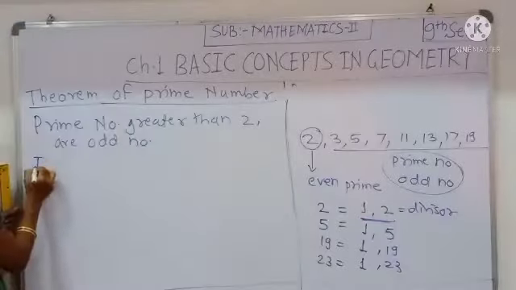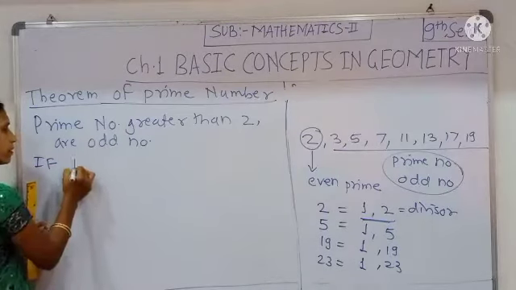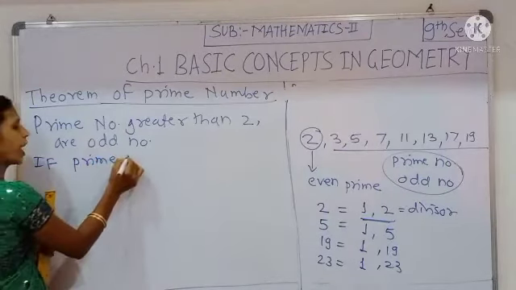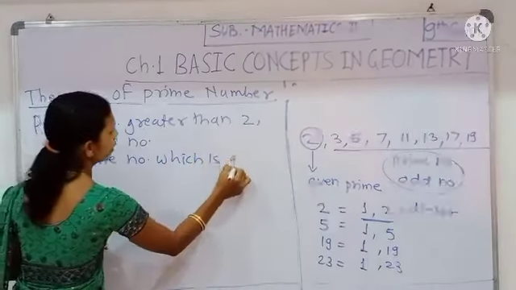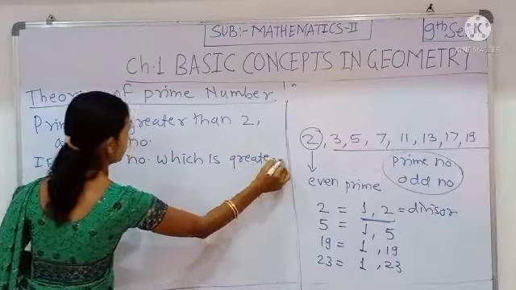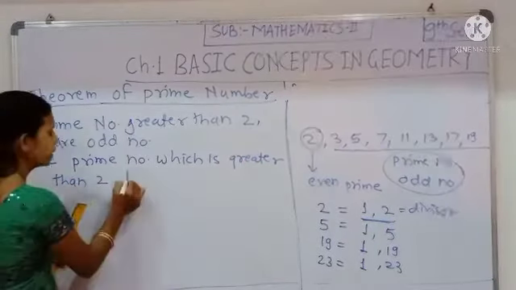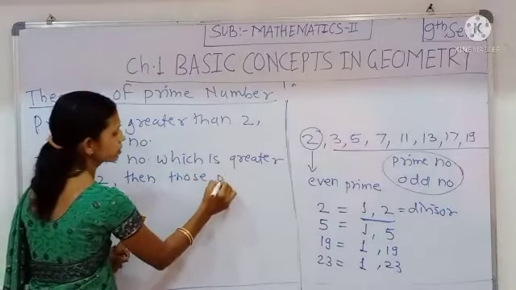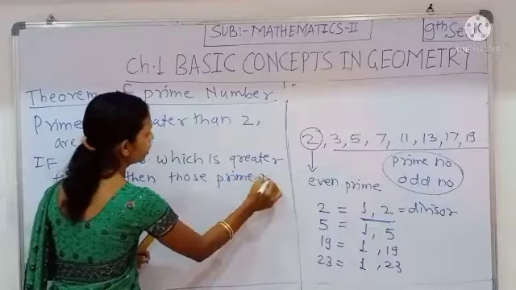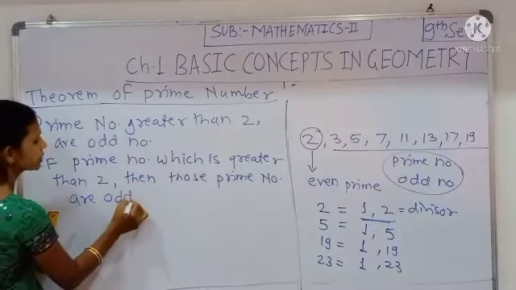Then see here, if the prime number is greater than 2, then those prime numbers are odd numbers.